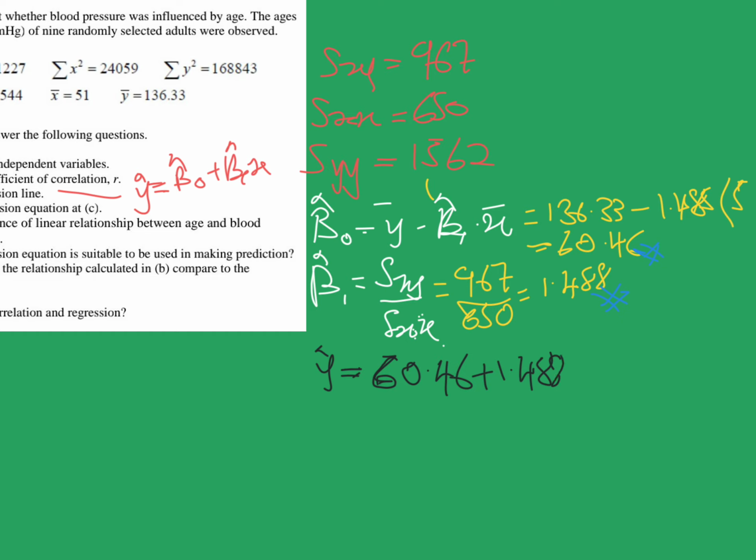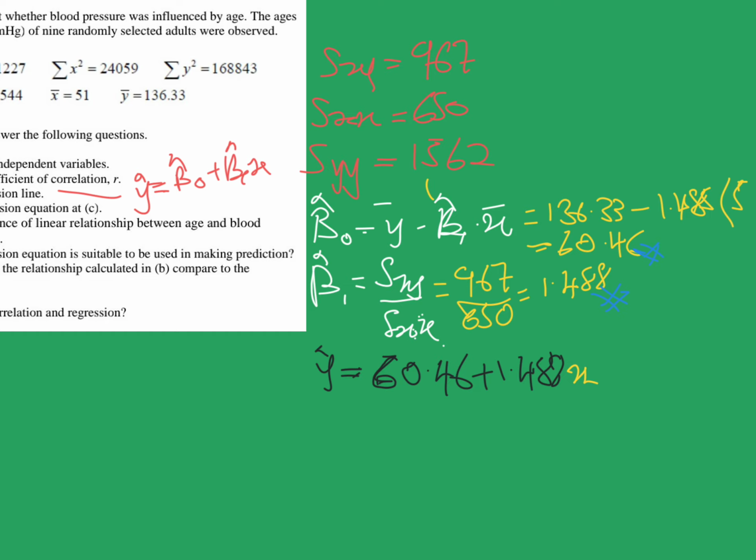So is this the answer? Not yet. Don't forget that in the model we have x at the end. So you'll need to put x at the end. So this is how to write down the model, or the regression line.